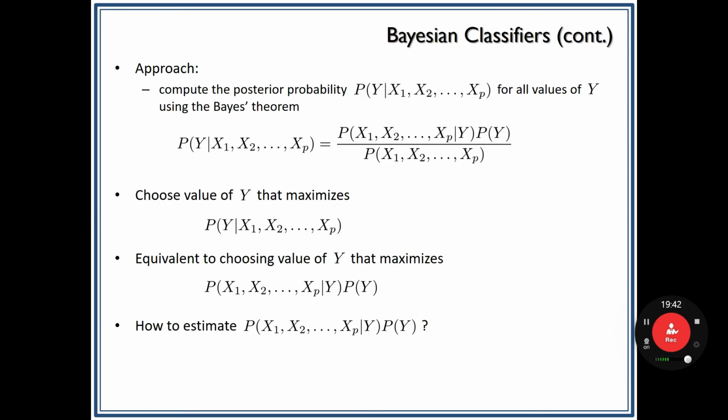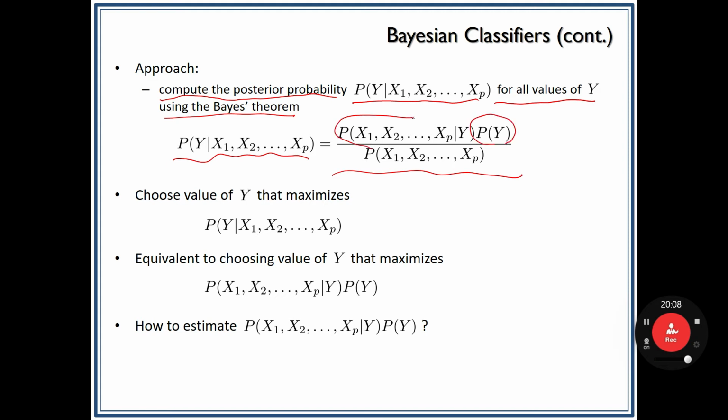In the classification task, the approach is to compute the posterior probability, this conditional probability, for all class values of y using Bayes' theorem. That is defined by this: the prior probability of y, the conditional probability of the joint event X, and then the probability of the joint event.